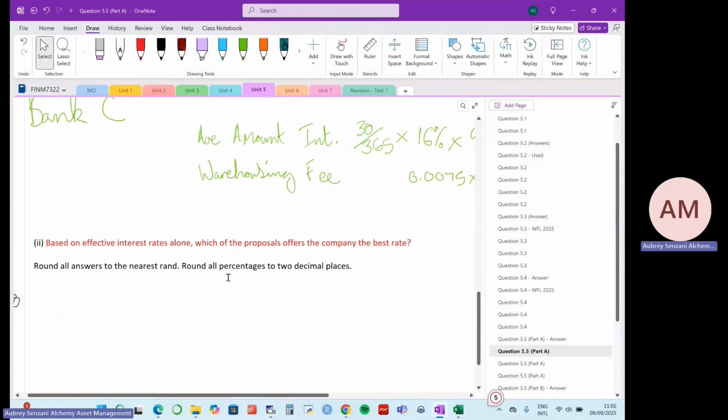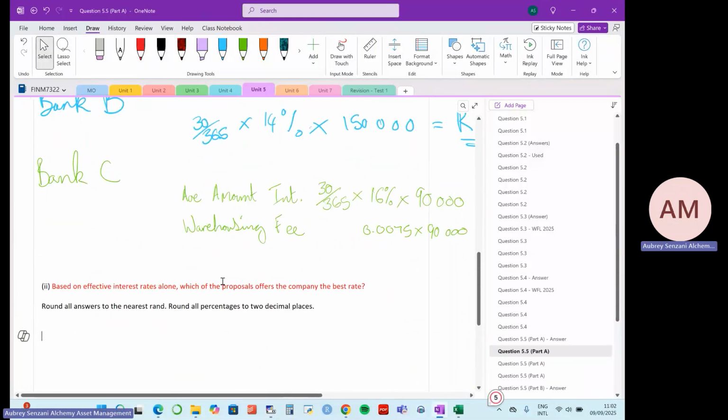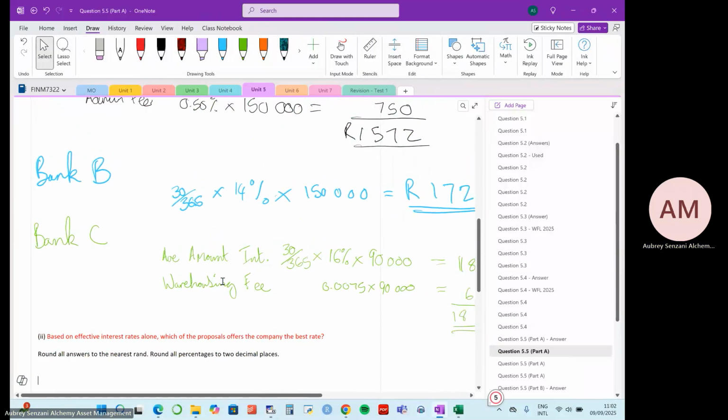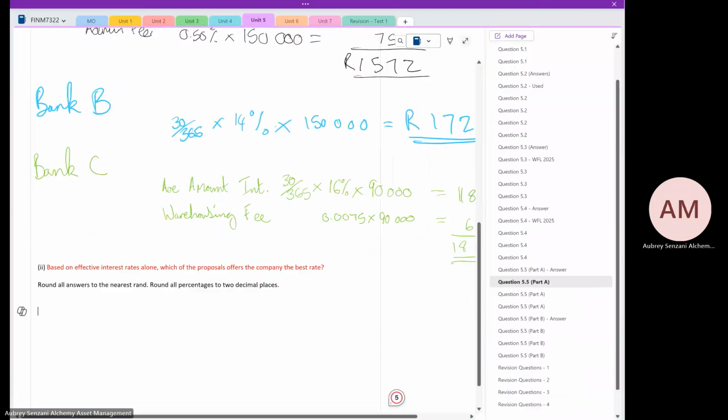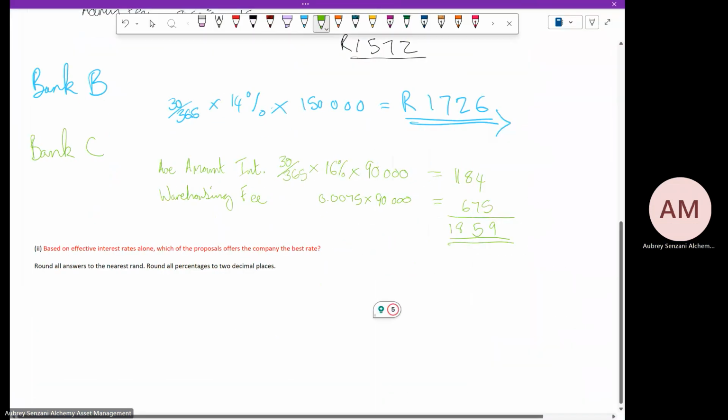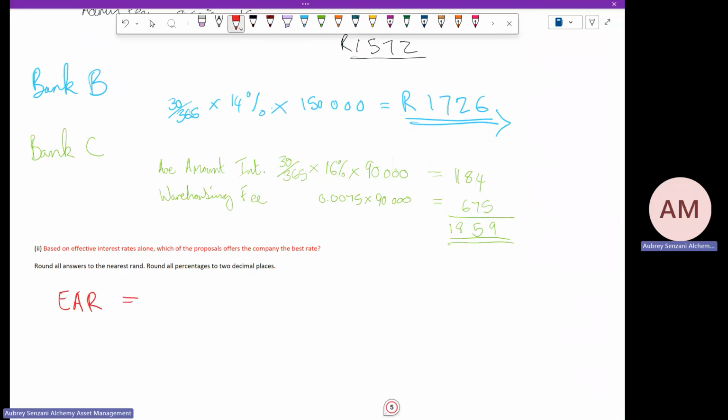How do we get the effective annual rate? Yes, you use your calculators or the formula. What is the formula? EAR is equal to what? Open brackets, yes, 1.